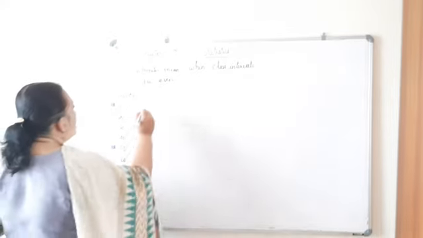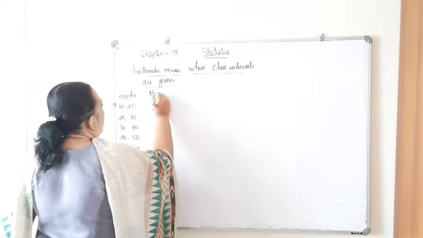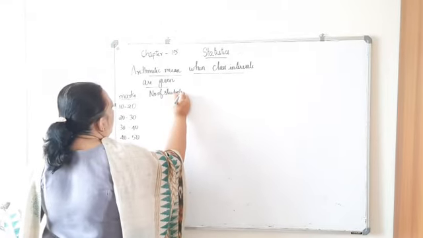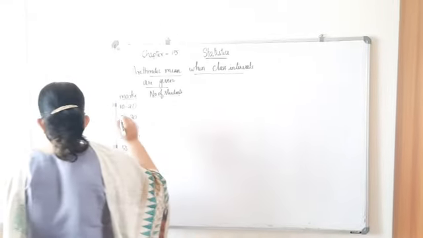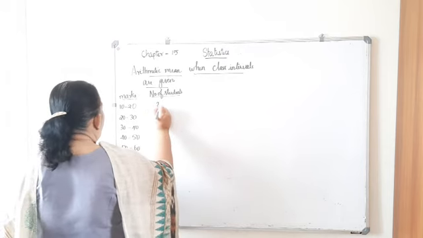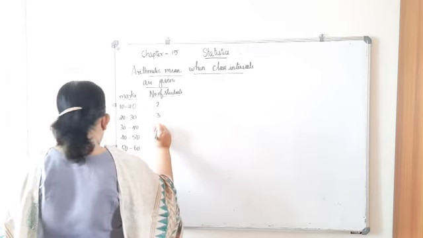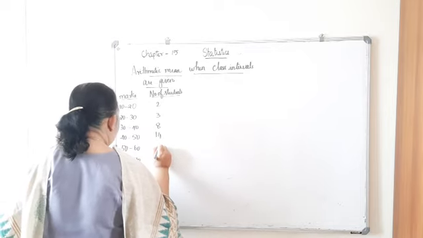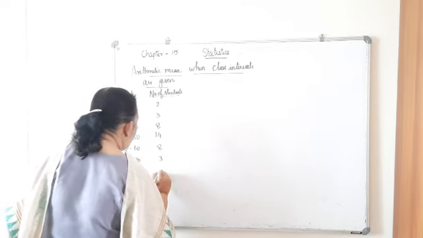And the number of students: for 10 to 20, 2, then 3, 8, 14, 8, 3 and 2.